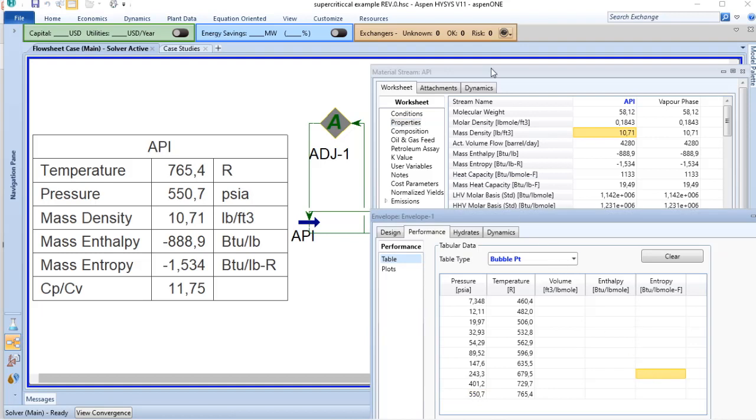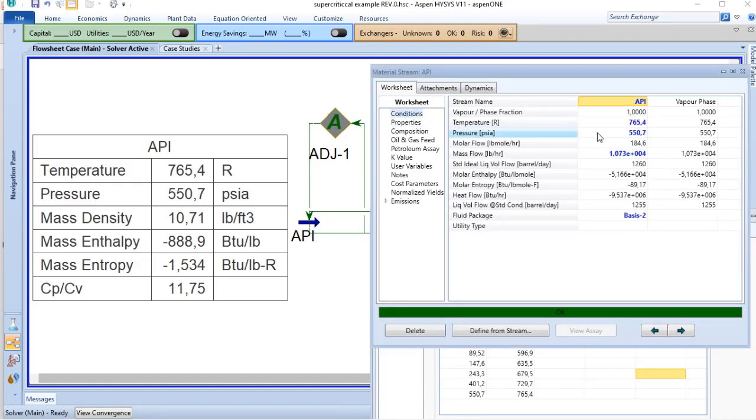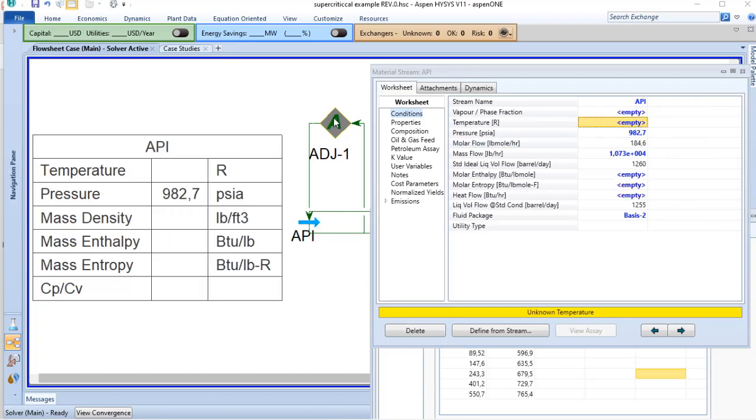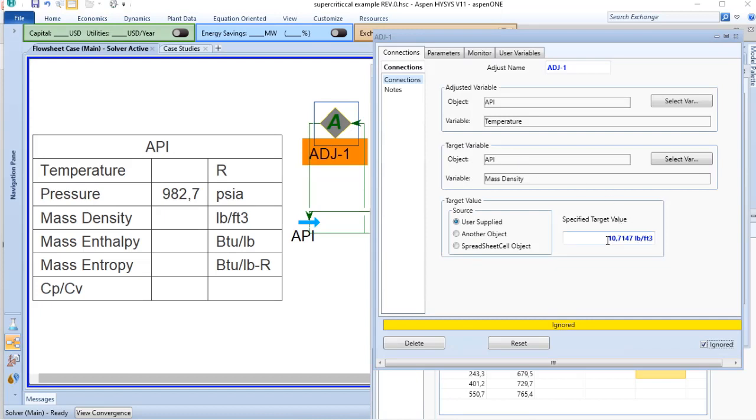Based on this information, now I will return to my conditions. I want to verify the temperature where my density is 10.7147. That is the mass density with the decimals. So based on that, I will run my adjust to verify the temperature that matches with the pressure.